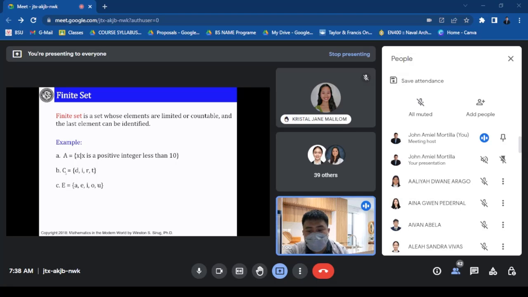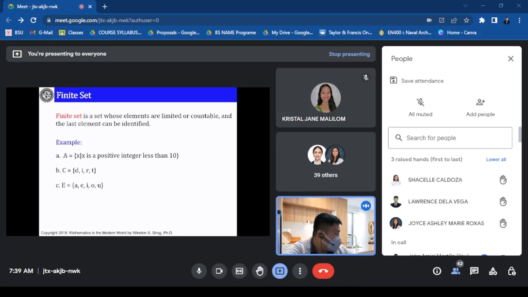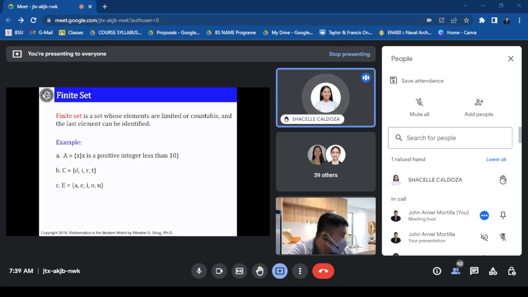So, we have C. So, C is, ano ang conversion niya sa rule form? O rule method. Anyone? Okay, Shaisel? X such that X is the letter of the word dirt.